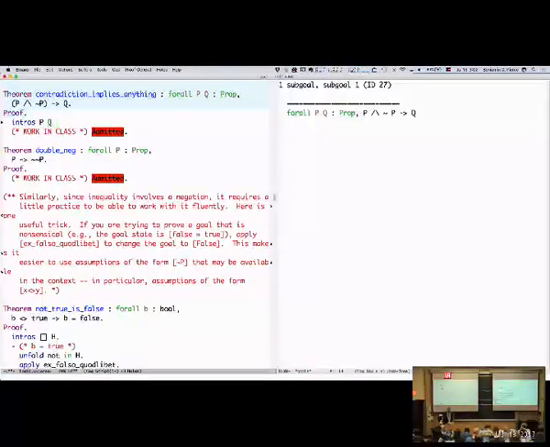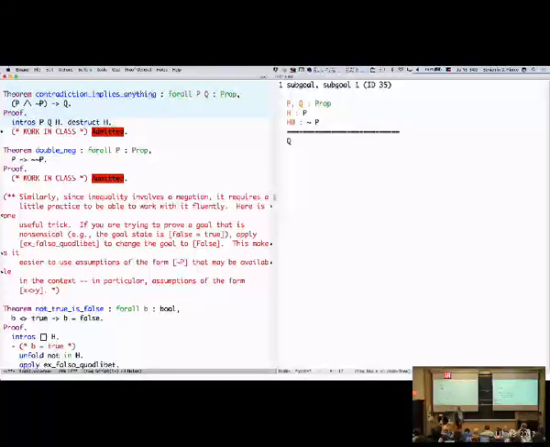P, Q, and we have a hypothesis H. Now, how can we make progress? Well, we have a structured thing as a hypothesis. We have H. That's a compound thing. So I would make progress by destructing H.